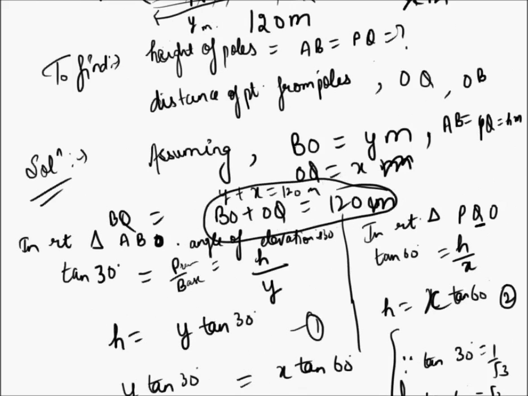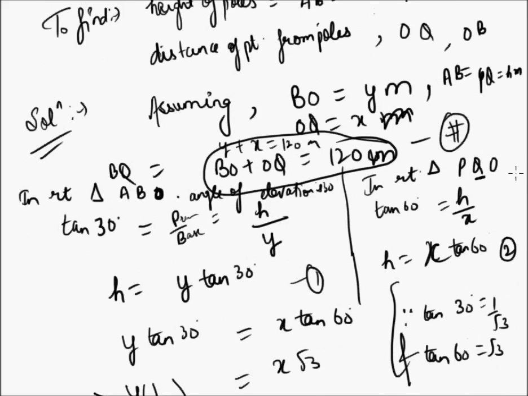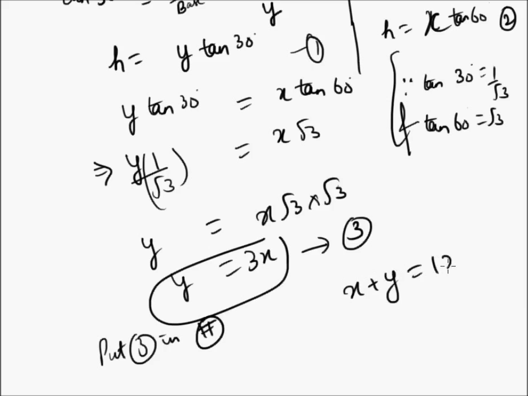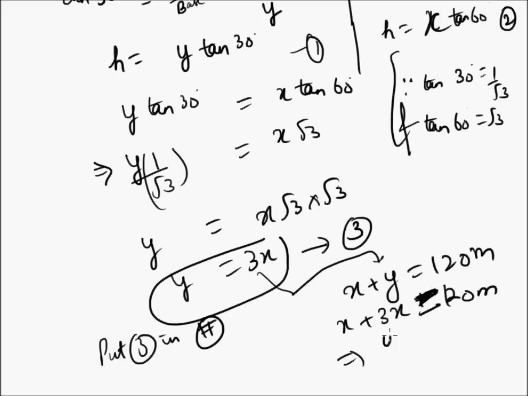So using this equation and putting the third equation in it, we have x plus y as 120 meters, that is, y here is 3x, so 4x is 120 meters, or x is 120 over 4 meters, which means x is 30 meters.